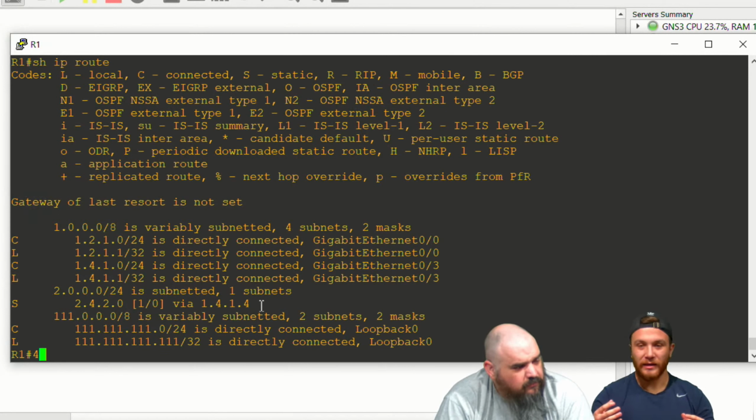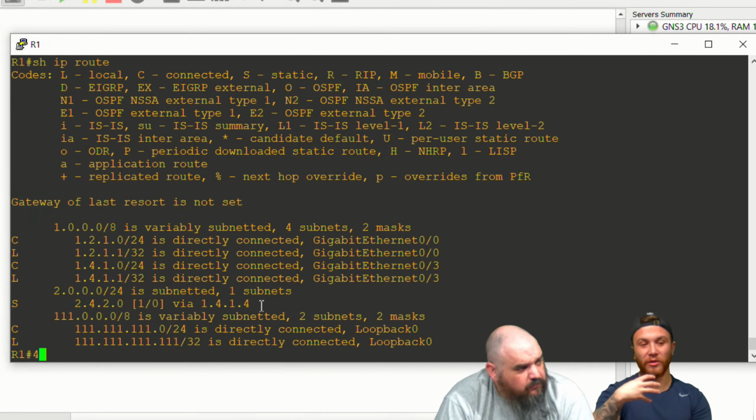So a Cisco router will prefer a directly connected link over a static route. But a static route is preferred over OSPF. But OSPF is not preferred over EIGRP. These are all things you could look up. If you just look up administrative distance Cisco, there's a table with all of the metrics there.